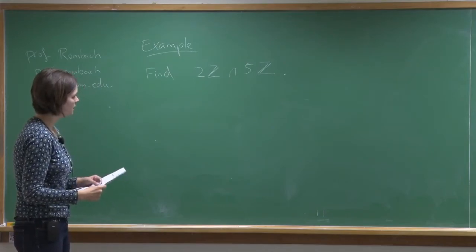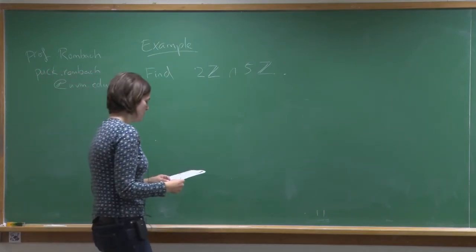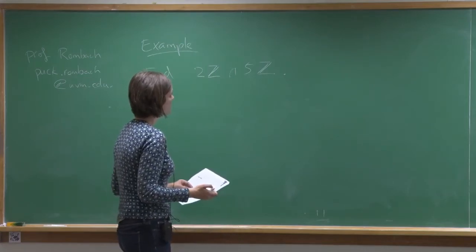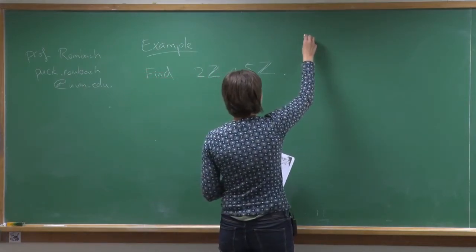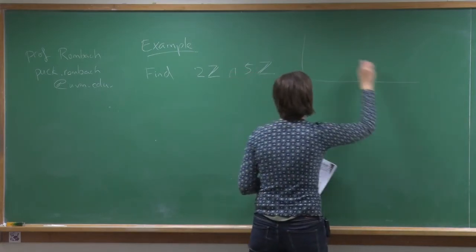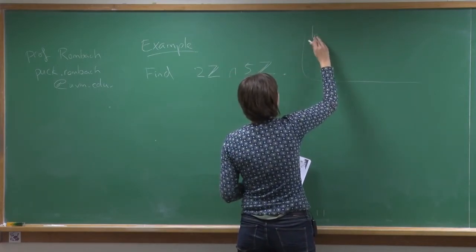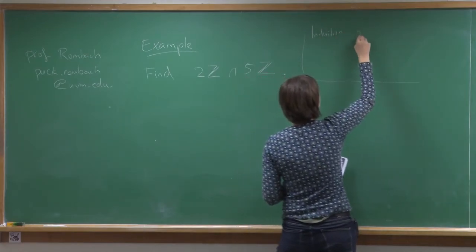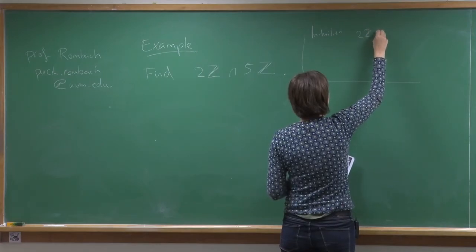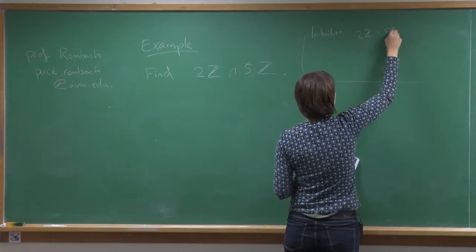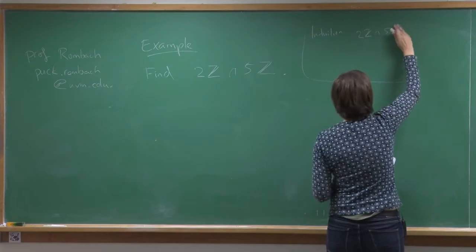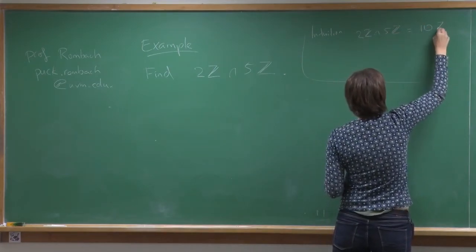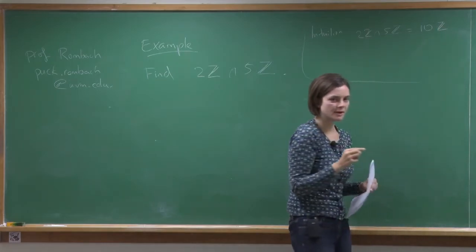So I guess your intuition or your claim would be that the intersection of the multiples of 2 and the multiples of 5 should be equal to all the multiples of 10, right?